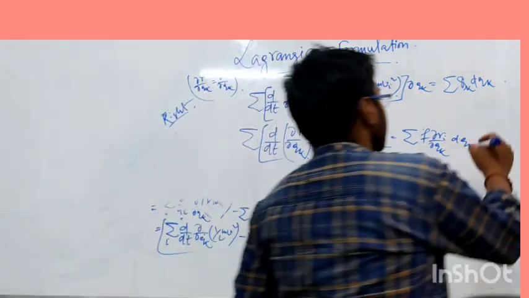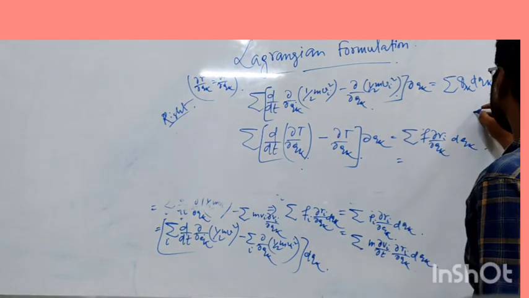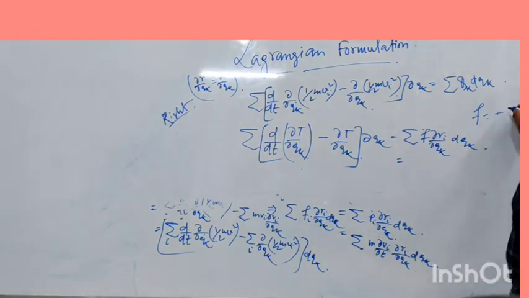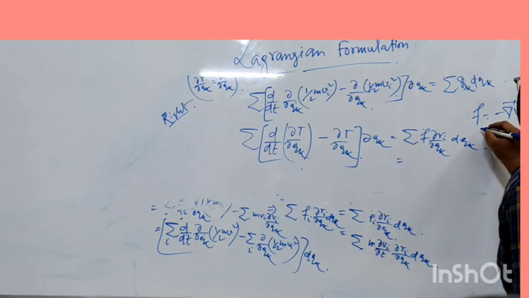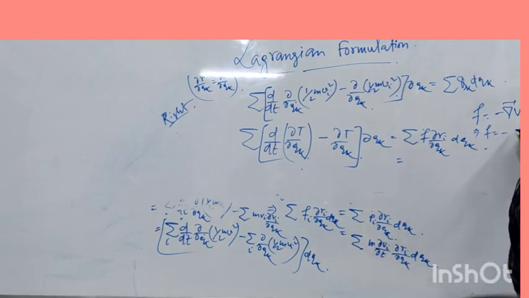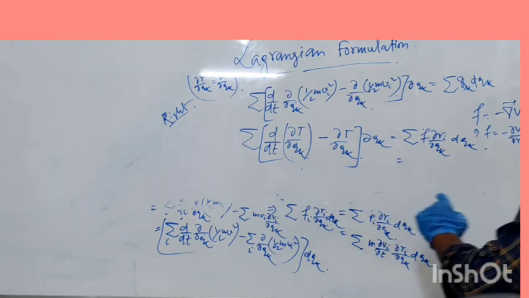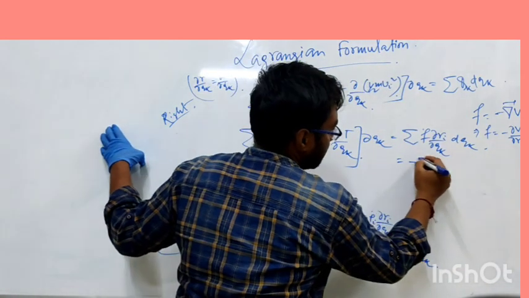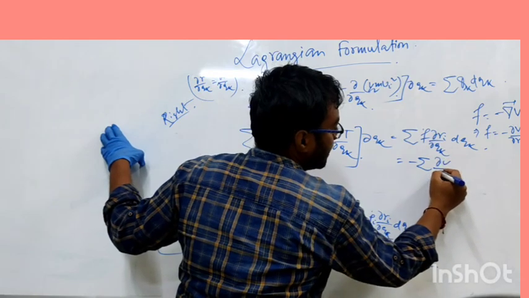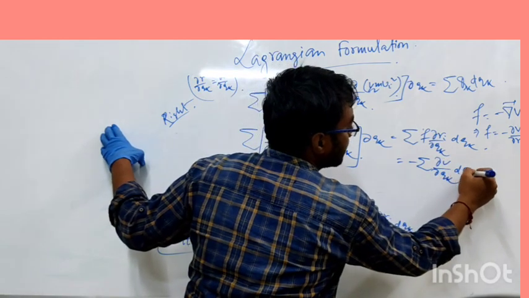And we know that if the system is conservative, then we can represent F as the gradient of potential. So F can be represented as minus del V del Ri. If we put it here, we get minus summation over del V del Qk dqk.